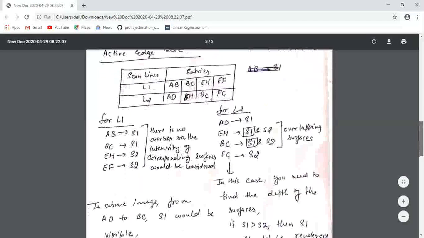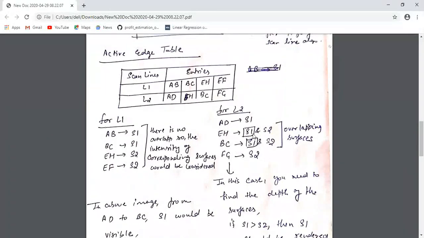So in this scenario, we are experiencing that active edges EH and BC are active for both the surfaces S1 and S2. That means this is the overlapping situation. These edges are active for both the surfaces S1 and S2 at the same time for the scan line L2.